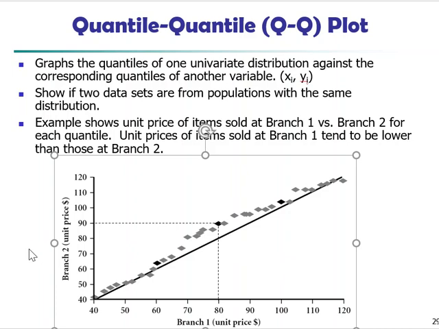You could have one variable that has more values than the other. In that case, you sort the two data sets and just take the smaller number of the two as the number of dots that you're going to plot on this graph.